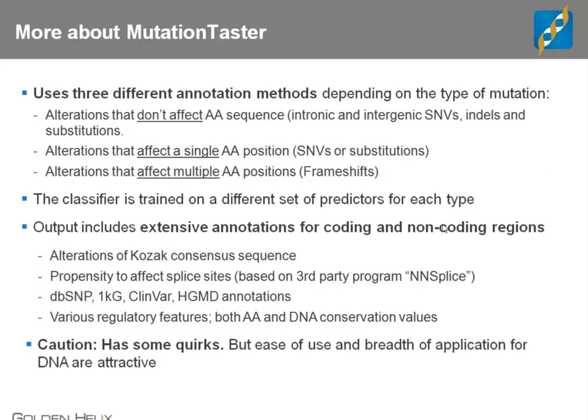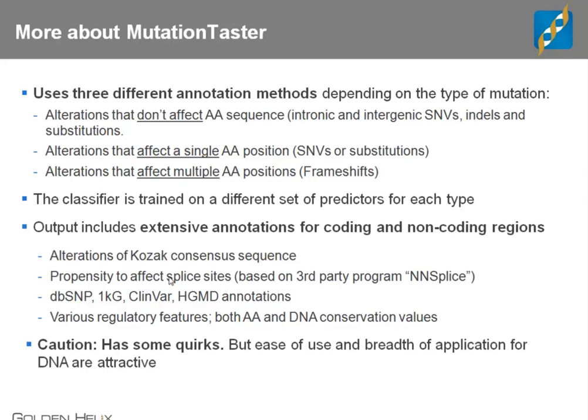And in the non-coding regions, there's not a lot that we can tell, but what they do provide is information about alterations of the Kozak consensus sequence, which is a motif that generally appears near the transcription start site or the binding sites.